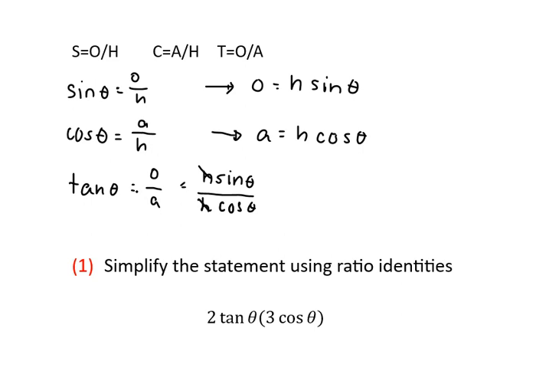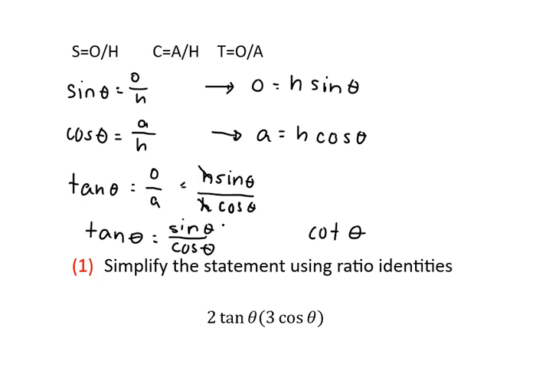H cancels out, so we now know that tangent theta is equal to sine theta divided by cosine theta. So that's one very useful ratio identity that we're going to use in our exercises today. Another is the ratio identity of cotangent theta.